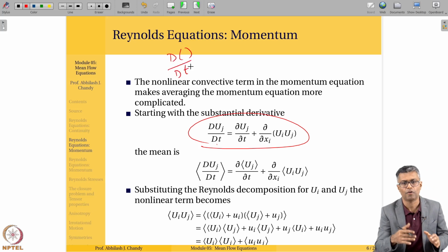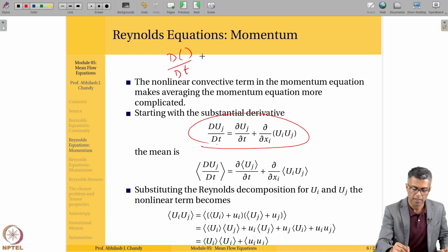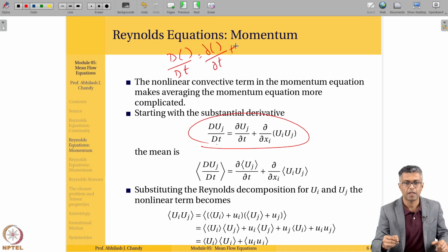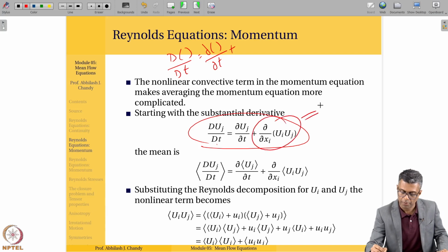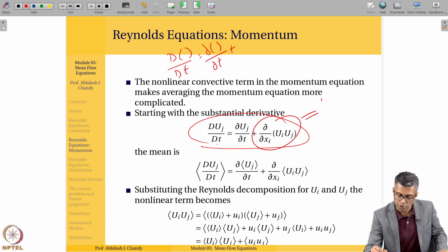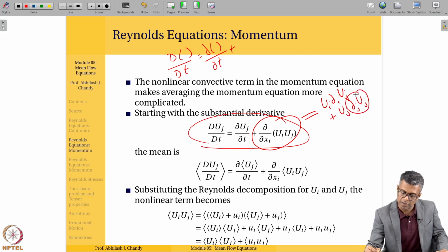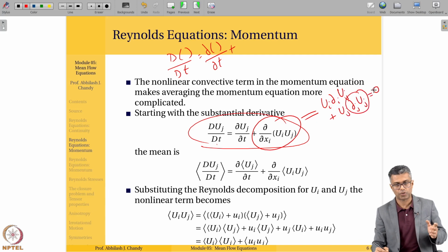So d dt of any variable is del of that variable del t plus u dot del. But since we are using the continuity in there, we are writing this as del xi of uj. If you see here, this component can be written as ui del i uj plus uj del j uj. This term goes to 0 because of continuity.